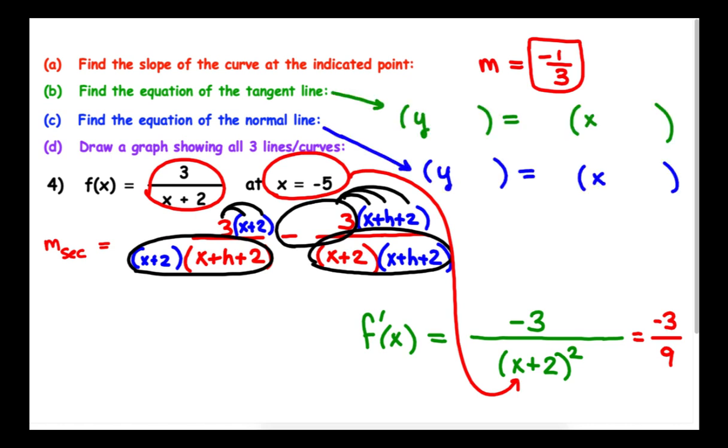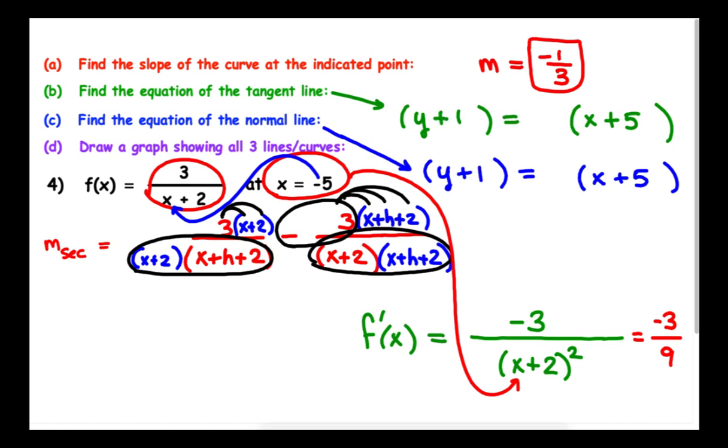Okay, we know that we're at x equals negative 5. So that's going to be an x plus 5 in both cases. If we take the x equals negative 5 and plug it into the original equation, we're going to have 3 over negative 3, which will be negative 1. So those will be y plus 1s.